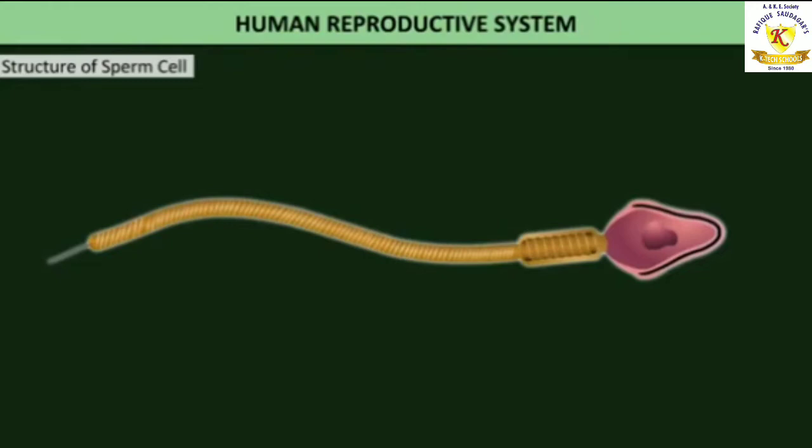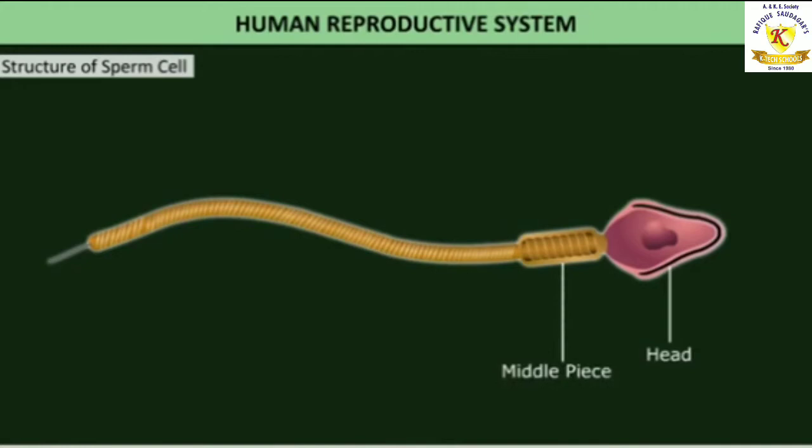Now let's study the structure of a sperm cell. A sperm cell is very small. It has a head, a middle section, and a tail. The head is flat and oval-shaped and contains the nucleus of the cell.